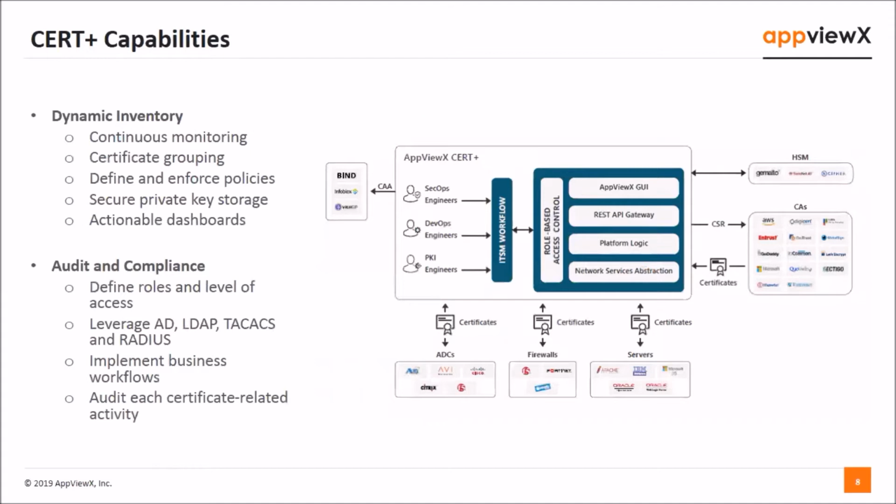The ability to group them in a logical format or categorization that is contextually specific to your corporate needs, and the ability to define and then enforce the policies that are relative to either the enterprise-wide or category-specific grouping parameters. The ability to secure the private key storage, and again, that could be resident within the AppViewX database itself or in an external HSM type module.